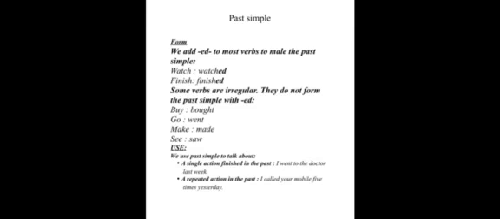Alright? So let's move now to see past continuous. Past continuous is made of the past form of the verb be, which is was or were, plus the ing of the verb.